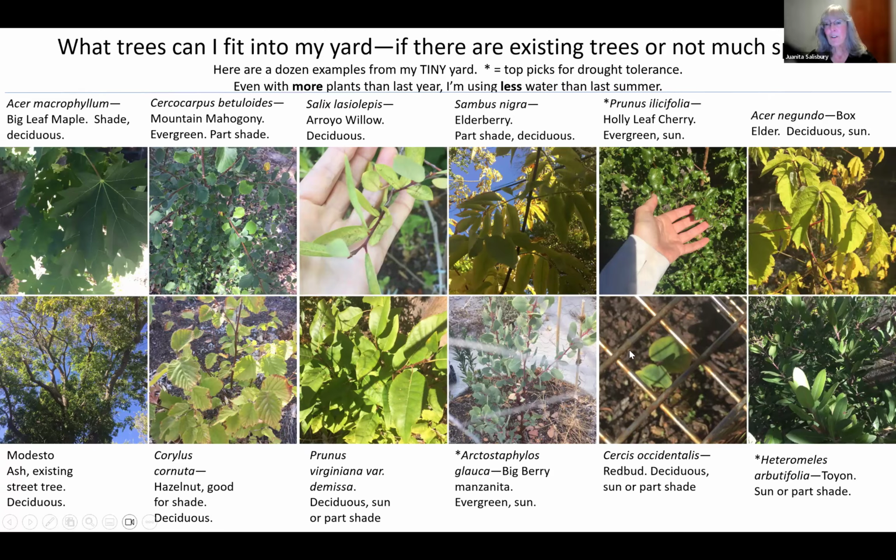Our native redbud, which you can see I've got behind a cage here to keep the squirrels from digging it up. And then lastly, our native toyon, which grows into a kind of small tree. And everything that has an asterisk by it is super, super low water use. In fact, I don't even water the toyon at all. So for water savings, you cannot go wrong with the Heteromeles arbutifolia, otherwise known as the toyon.